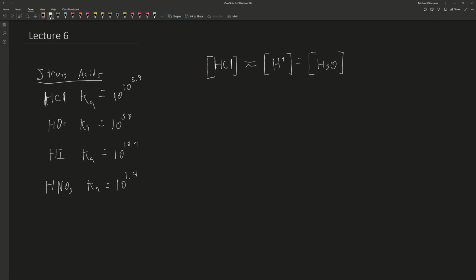So let's say we had 0.1 molar HCl. HCl plus H2O reacts reversibly, generating H3O plus and Cl minus. We would say that the pH is equal to negative log of the concentration of H3O.